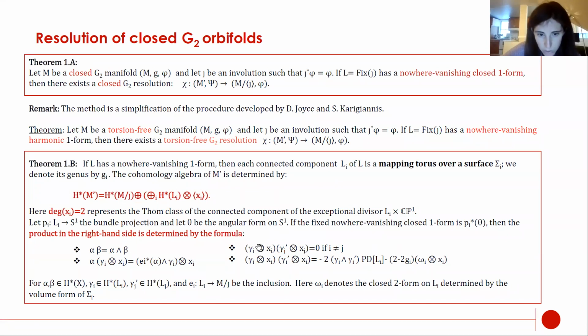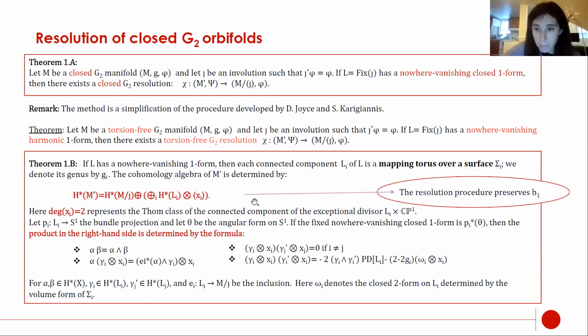Here I wrote the rules in order to do so, but they are not important for the talk. And a remark is that since the cohomology groups of the connected components of the singular locus are tensored with a degree 2 form, the first cohomology group of the resolution coincides with the first cohomology group of the orbifold.